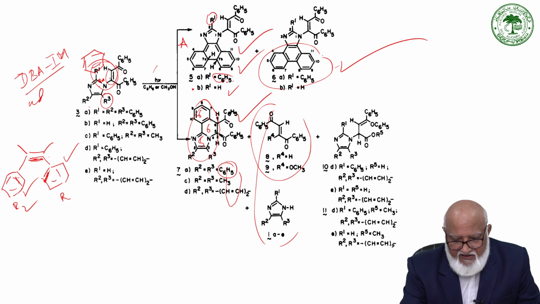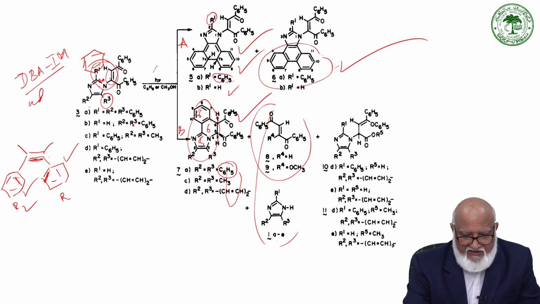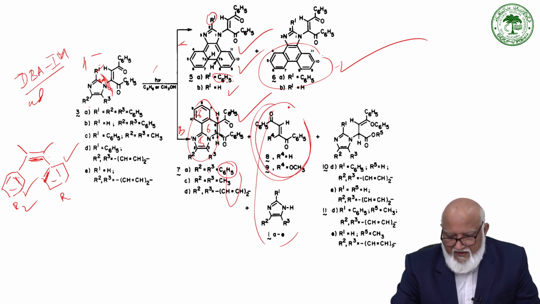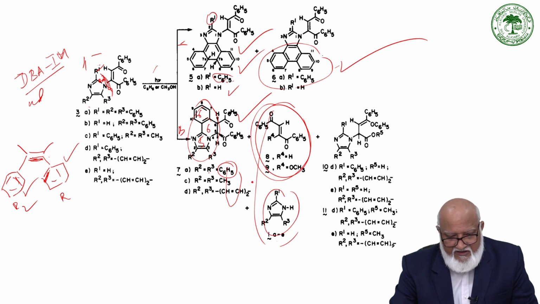This is path A and this is path B, and the third pathway which is open is just a cleavage of this bond. So this undergoes cleavage to give you the dibenzoyl alkene part and the imidazole part.